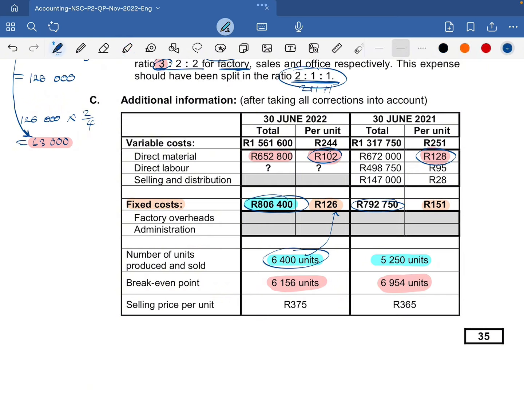If we look at the number of units produced and sold this year, our units sold are greater than the break-even point, which means here we made a profit. But last year we produced 5250, but our break-even was 6950. So our number of units produced and sold were actually less than the break-even point, which means last year we operated at a loss.